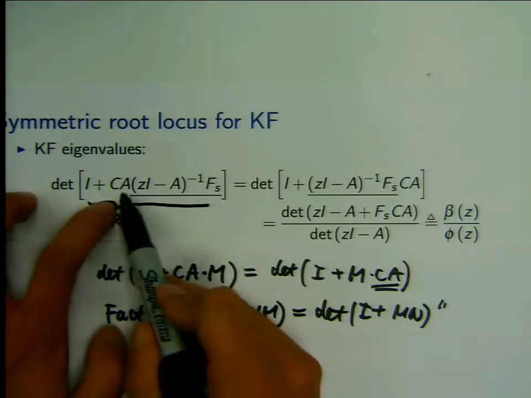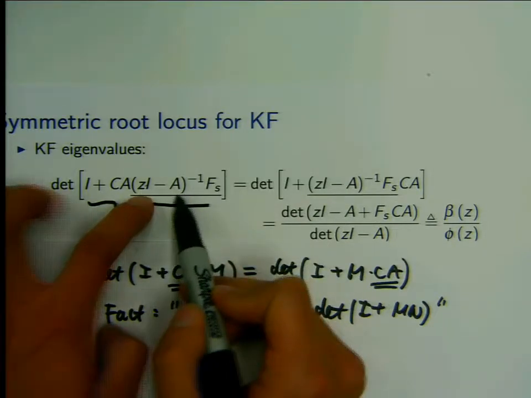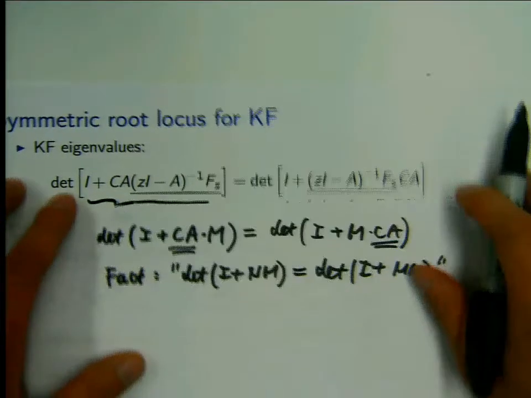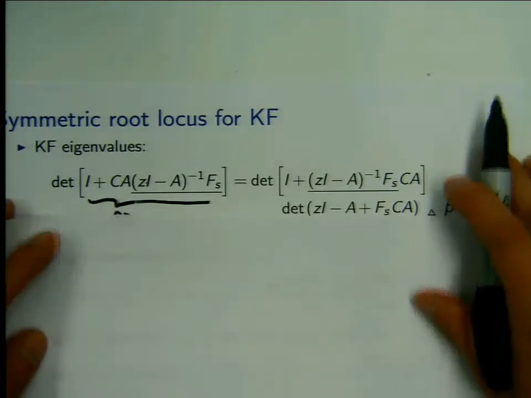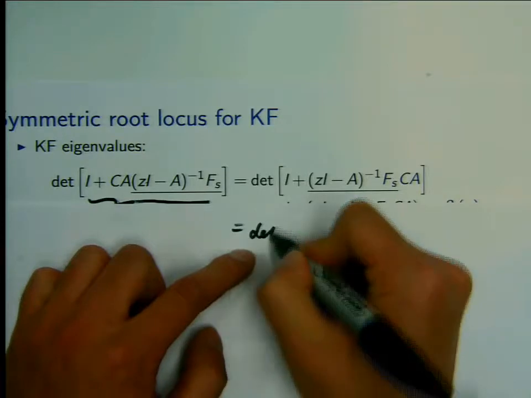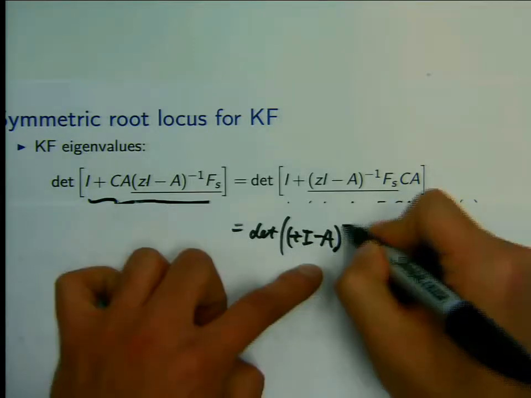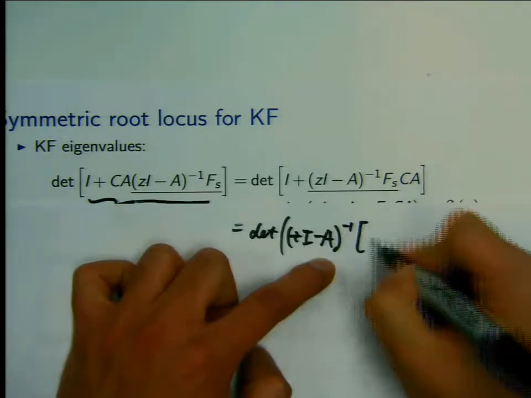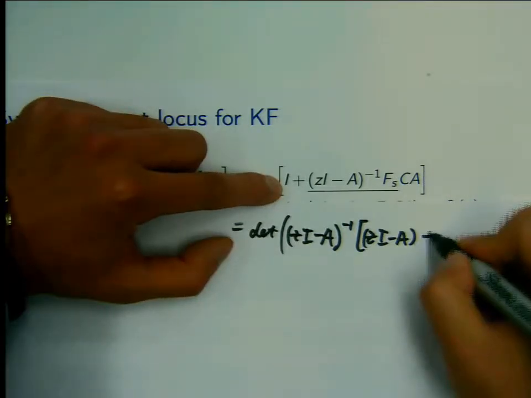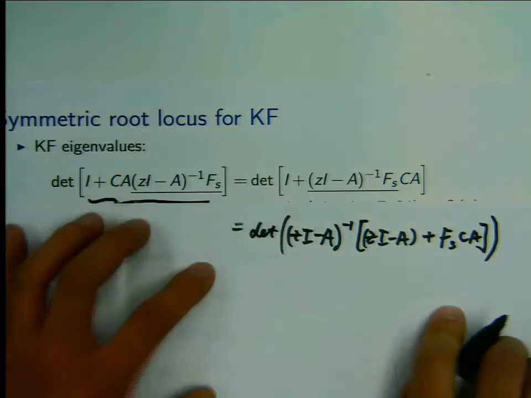So the determinant of I plus CA times this, if I shift, I can change orders. I can put this on the left-hand side of this to get this. And over here, look at this guy. This equals the determinant of, I'm going to pull out (zI minus A) inverse here, and then inside I have (zI minus A) in order to create this identity, and then plus FSCA here.